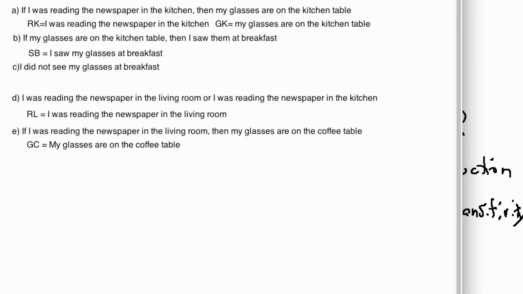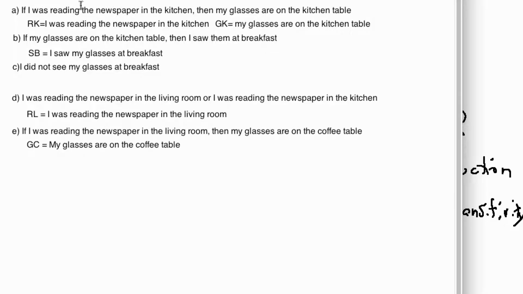Okay, let's put this all to practice now. Let's imagine the following situation. I'm about to go to work and I can't find my glasses. I do need them. Okay, so I want you to consider the 5 statements here, A, B, C, D, and E. And I say the following.